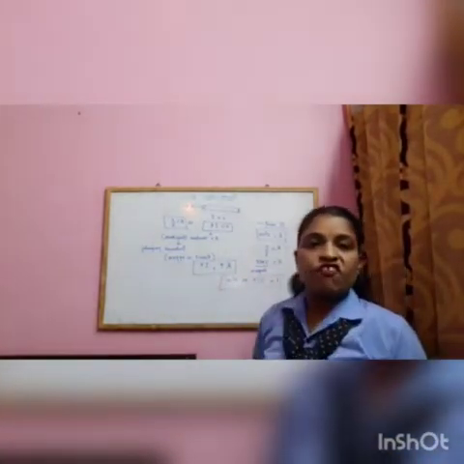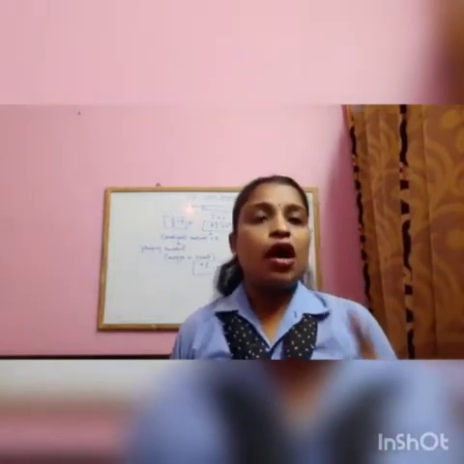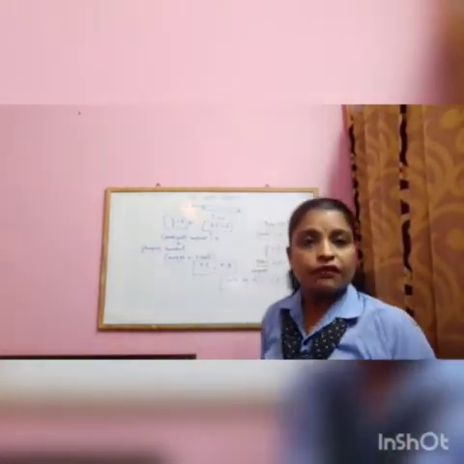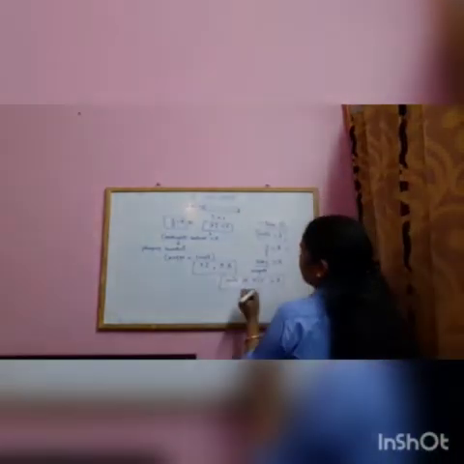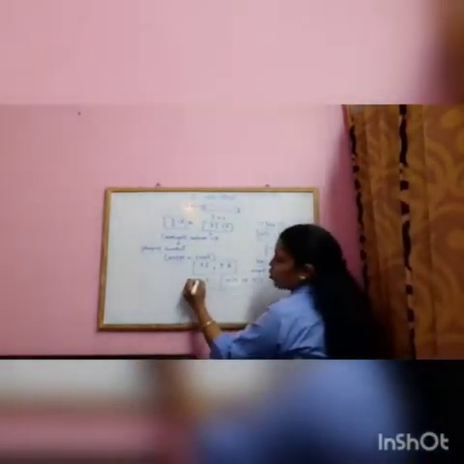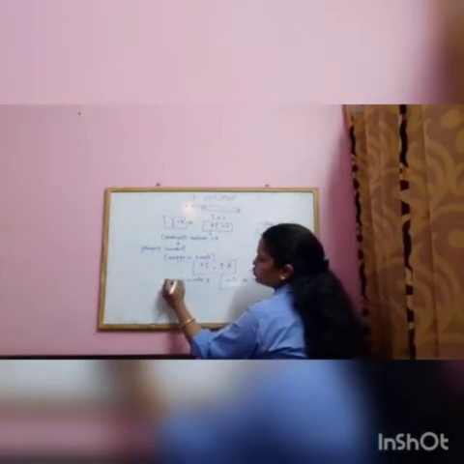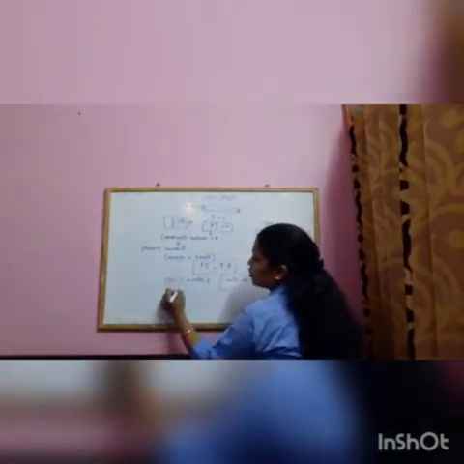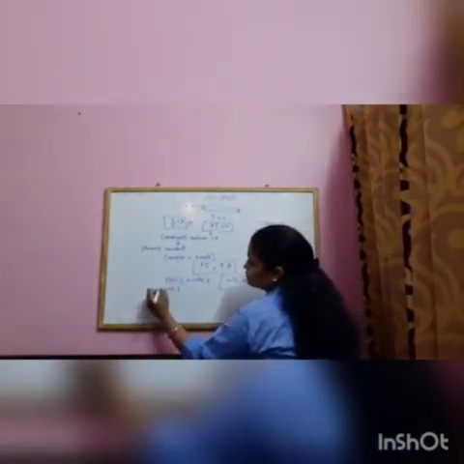Now, let's define the SI unit of resistance. The SI unit of resistance is defined as 1 ohm equals 1 volt upon 1 ampere.